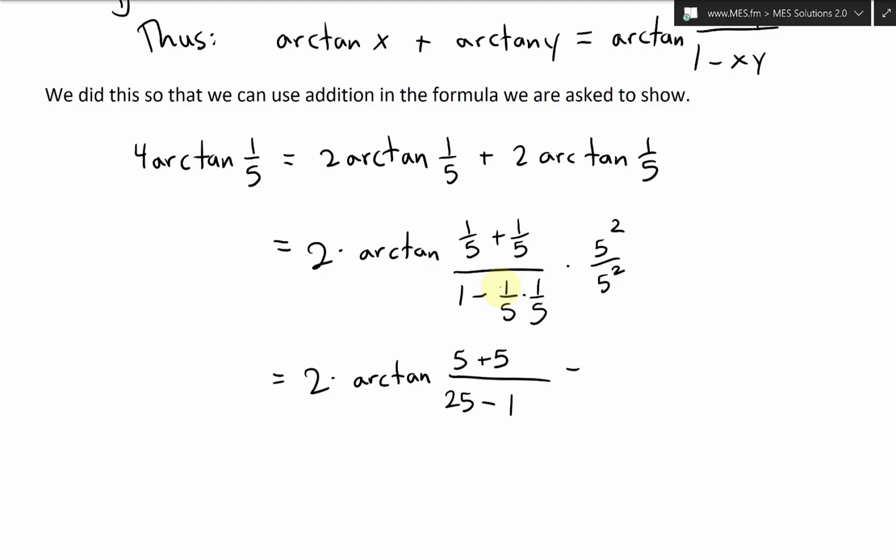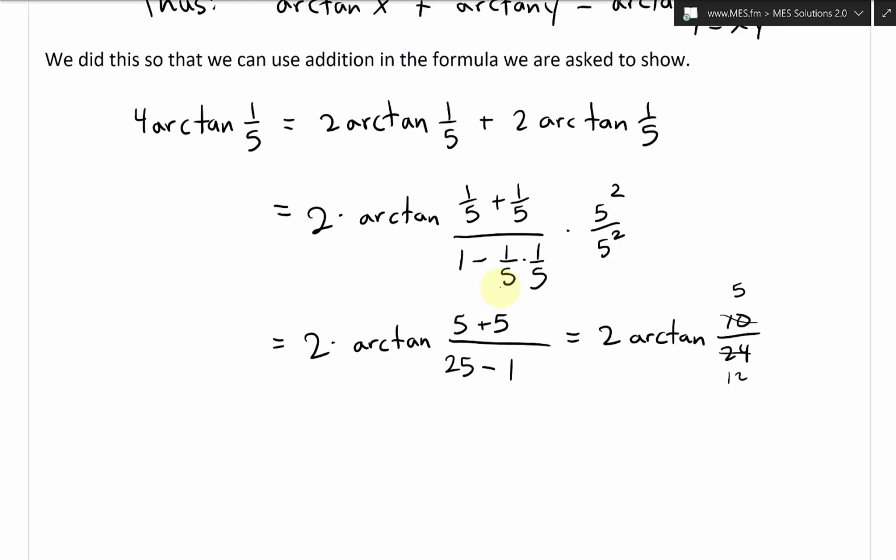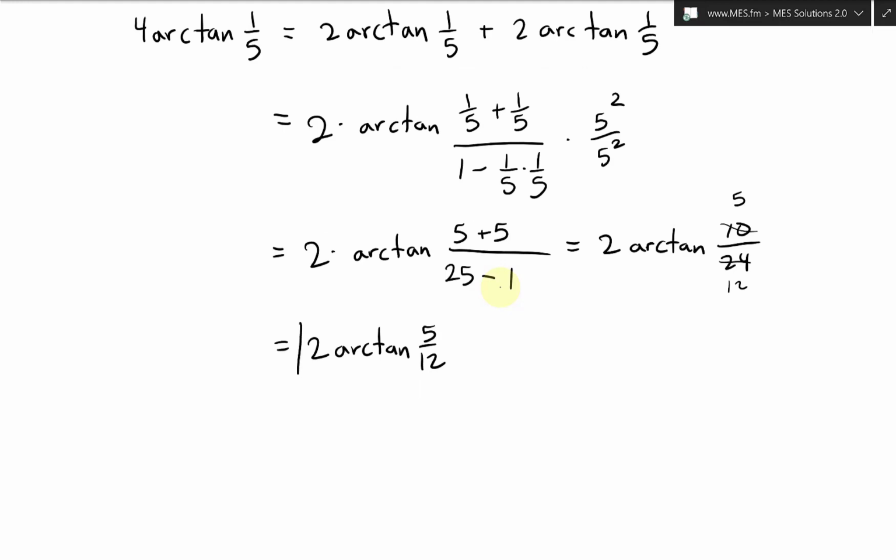So then this equals 2 arctan of 10 over 25 minus 1 is 24. And let's simplify this further. We could cancel this as it becomes divided by 2 is 5, divided by 2 is 12. So in other words, this equals 2 arctan 5 over 12. And let's box this, and then we're going to do the repeat again.